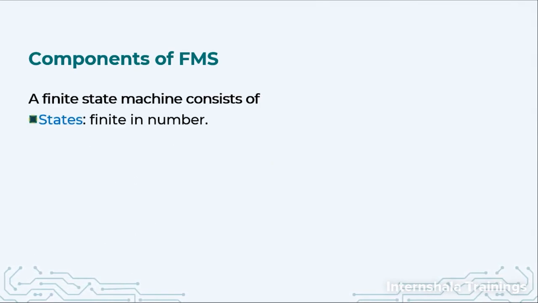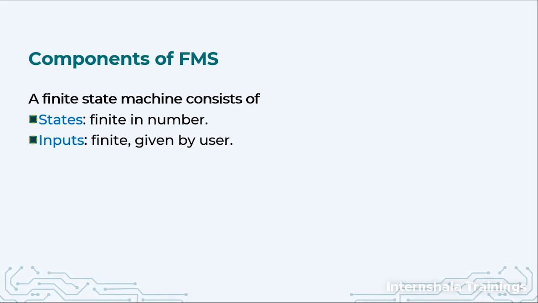Let us see how many components there are in one finite state machine. A finite state machine will definitely have states that we have already described, and these should be finite in number. We are going to have inputs, and again these should be finite, and inputs will always be given by the user.